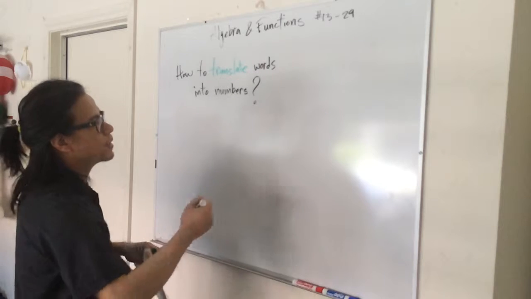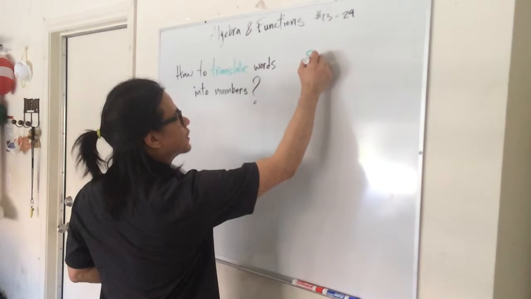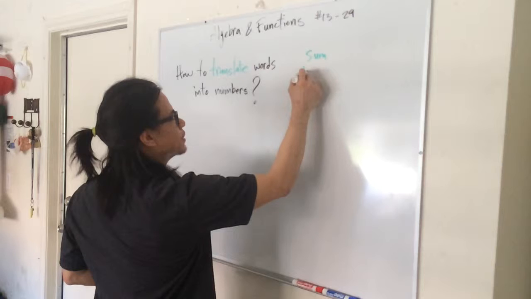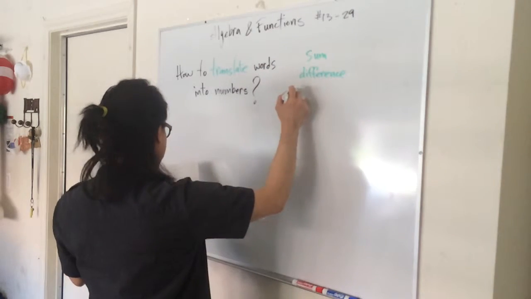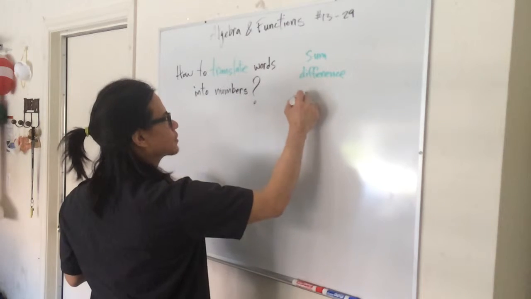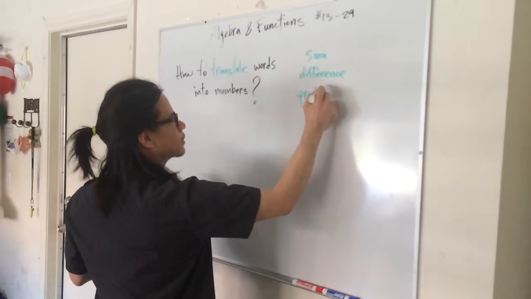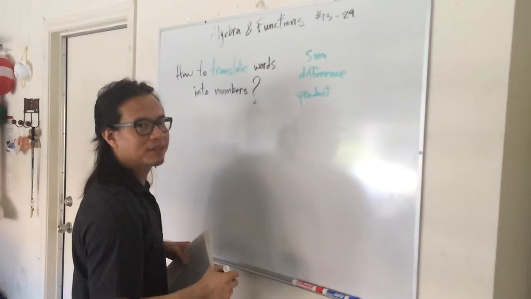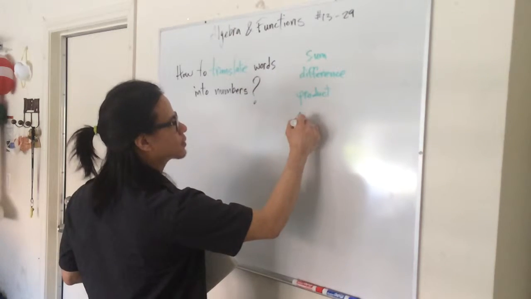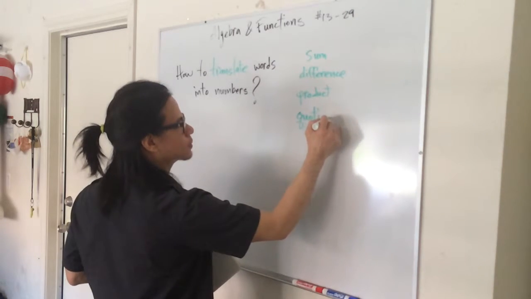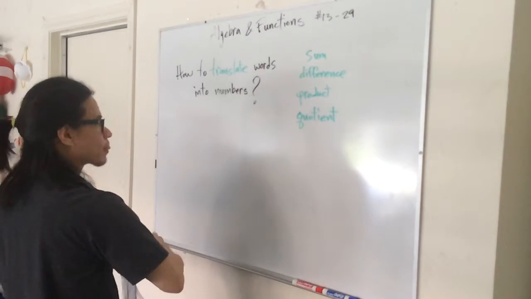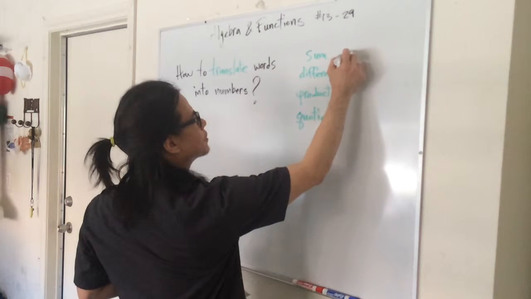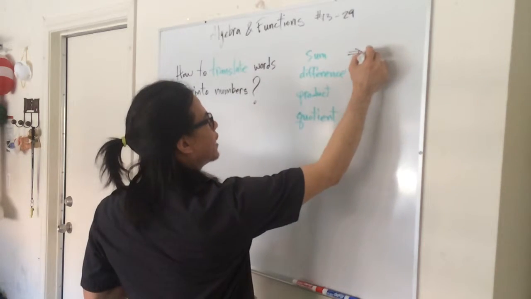First, let's look at some keywords here, like sum, difference, product. What's the other one? Quotient. Okay, so sum means add.